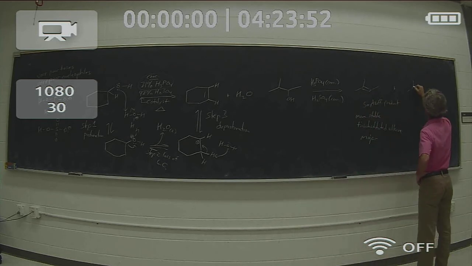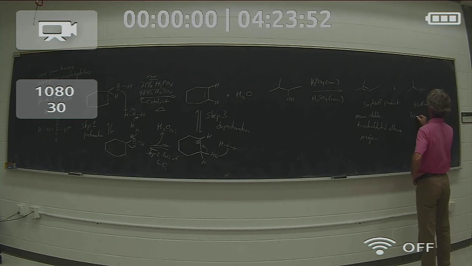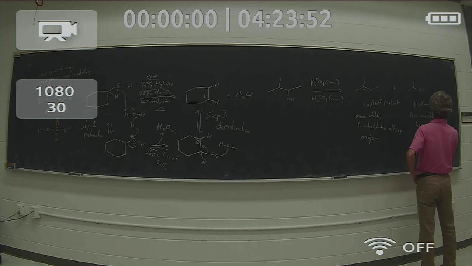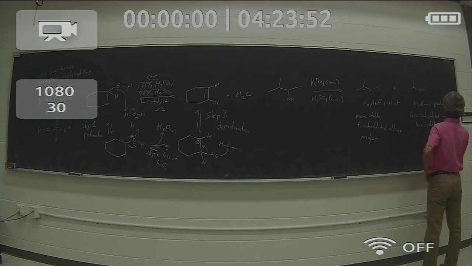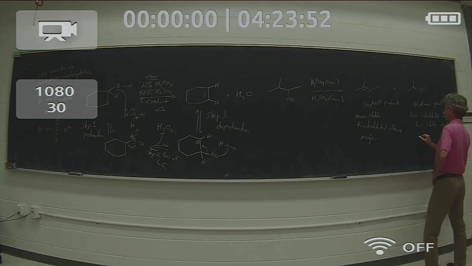And the Hofmann product, being less substituted and less stable, a vinyl group, will be the minor product.